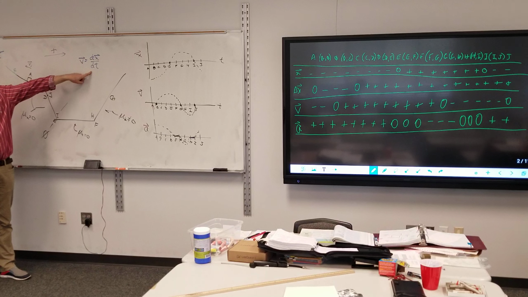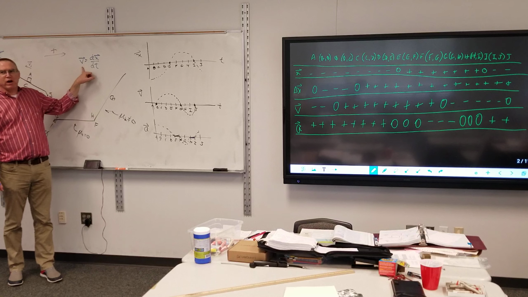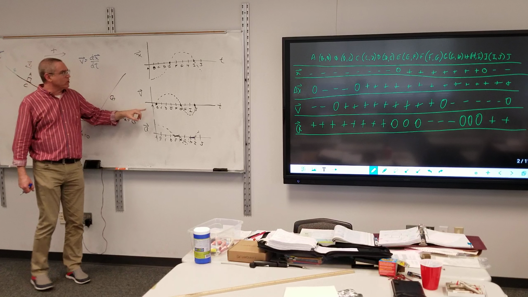Derivative? True. What does the derivative tell you? Change. Okay. It's the instantaneous slope of your position graph. Yeah, so my velocity graph should be the slope of my position graph.